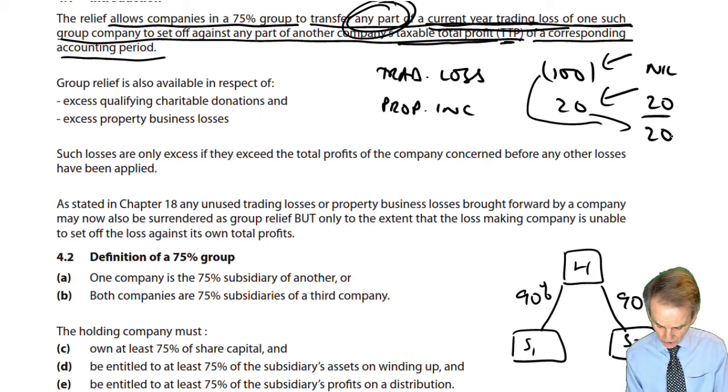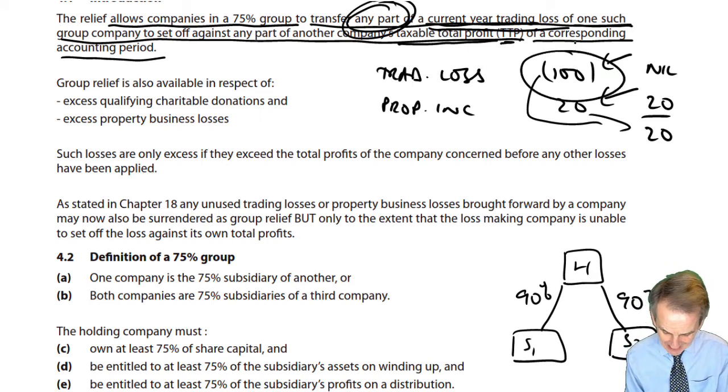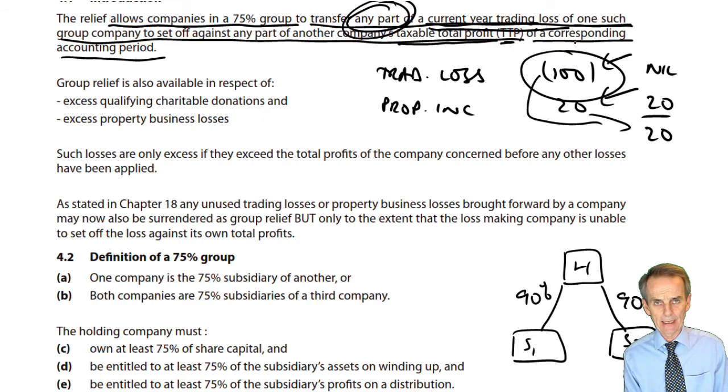And instead, if you wanted to, you could take any or all of that £100,000 of trading loss made by the loss maker and surrender it to one or more companies within the 75% group and put against the taxable total profits of that claimant or those claimant companies there. So we've got a lot of flexibility.